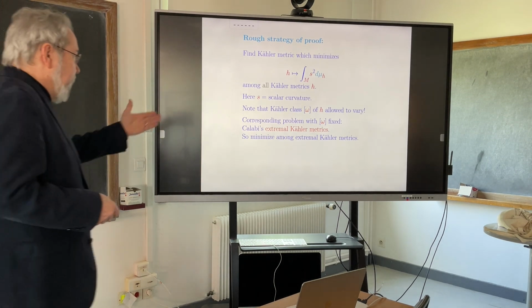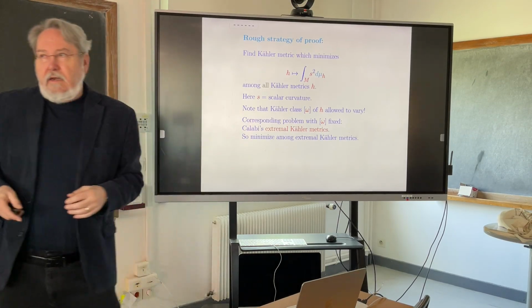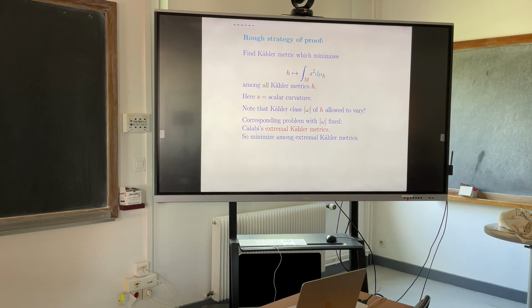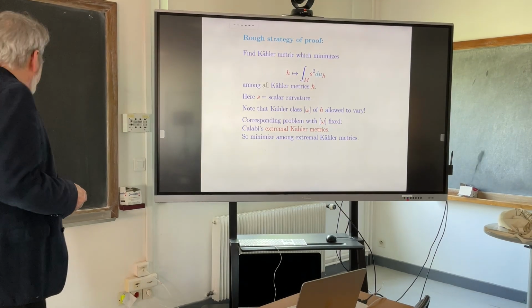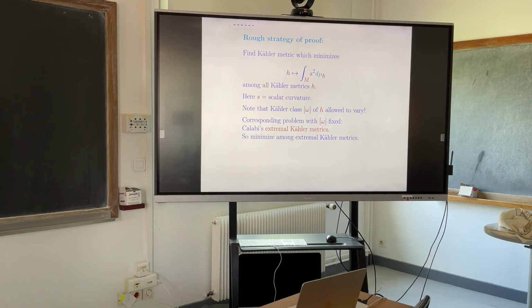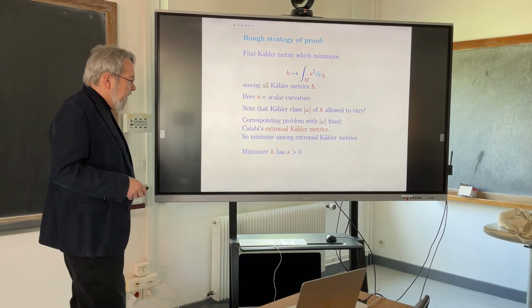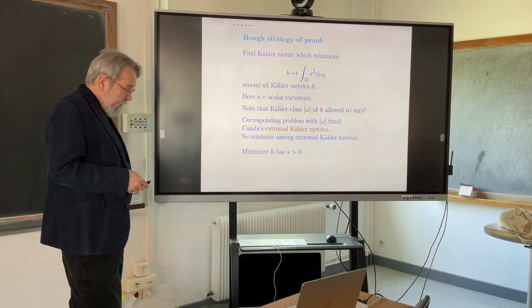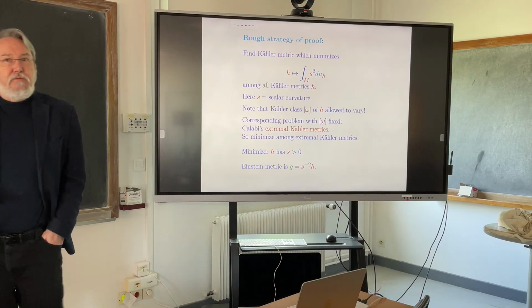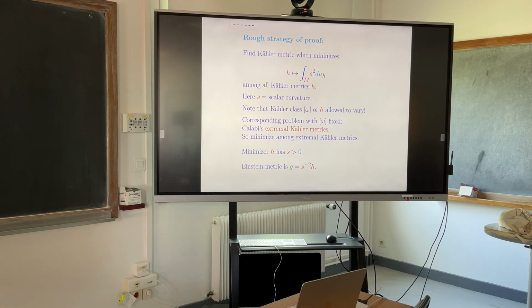You're varying in the second homology, which is a finite dimensional space. In fact, the Kähler classes satisfy an extra constraint related to the fact that Kähler metrics are J invariant: Kähler forms are of type (1,1). The surprise is that when you can do this, you can prove that this minimizer actually has positive scalar curvature everywhere.